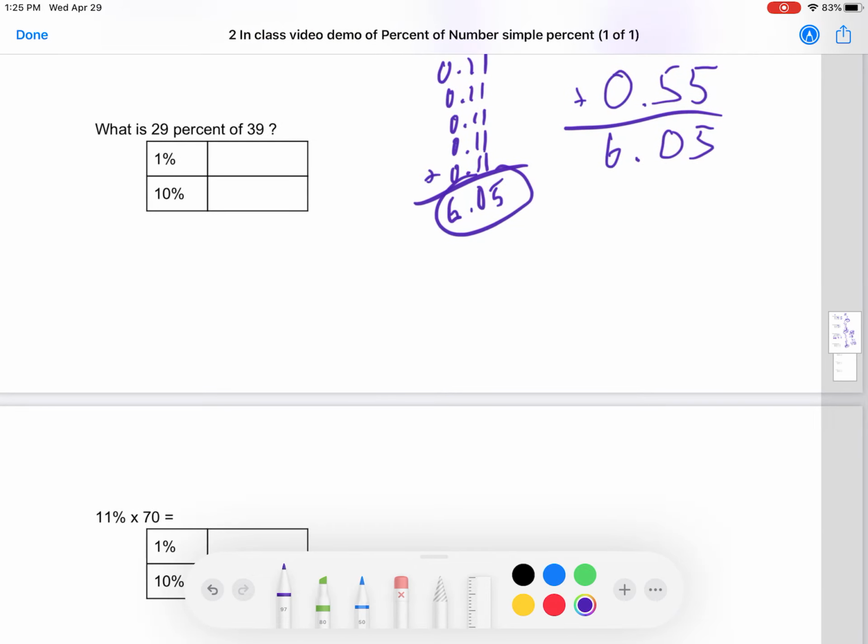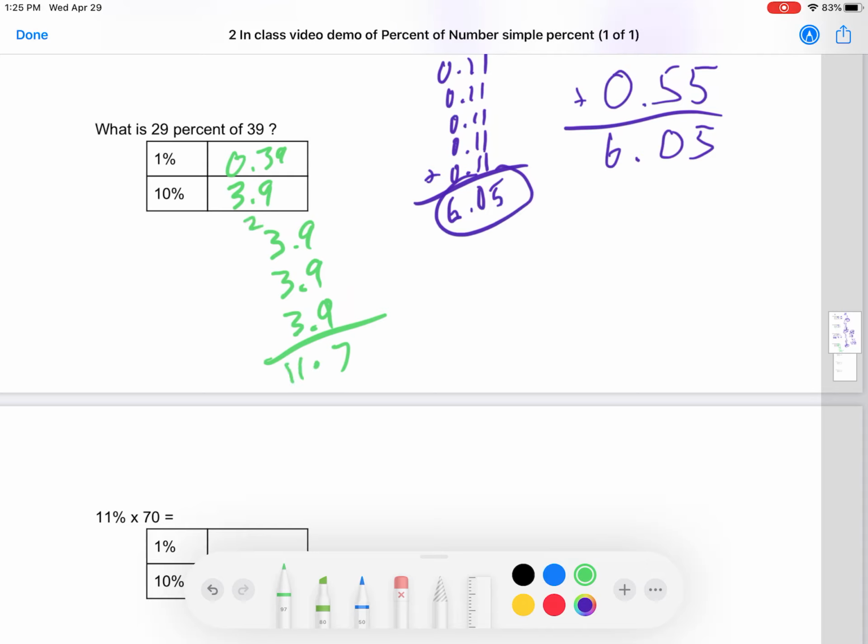Now, what is 29% of 39? For this one I have a totally different approach. Let's do the 1%, 0.39, and the 10%, which is 3.9. From here, I would go to 30% and then subtract 1%. So 10, 20, 30%, right? I'll add those up, 7, 2, 9, 11.